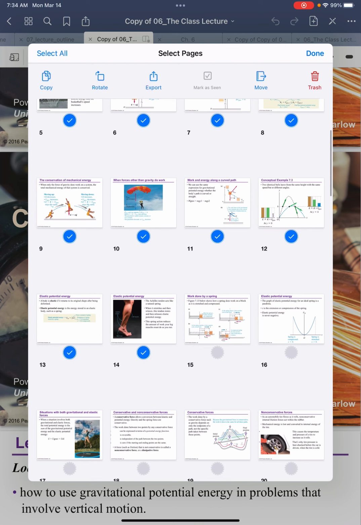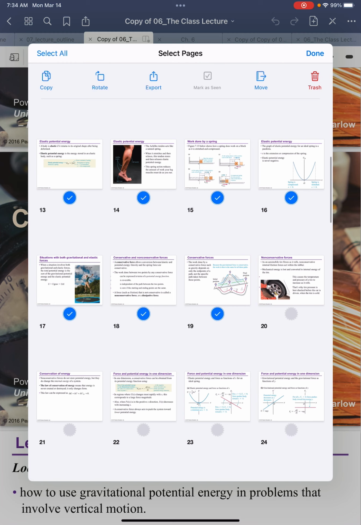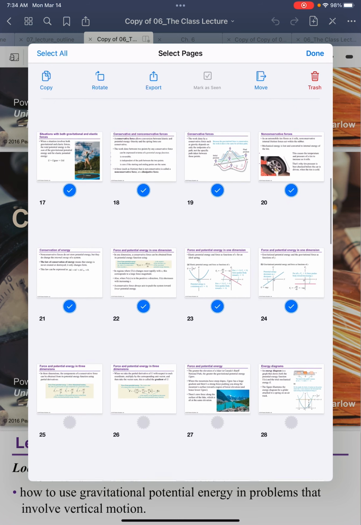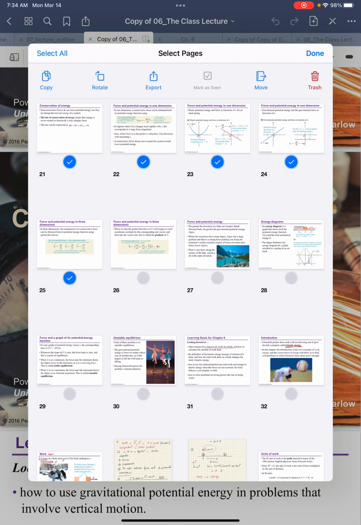All right, I will start talking today about work and energy, and we're going to just talk about kinetic energy today. And in chapter 7, we are going to talk about gravitational potential energy and more general conservation of energy.